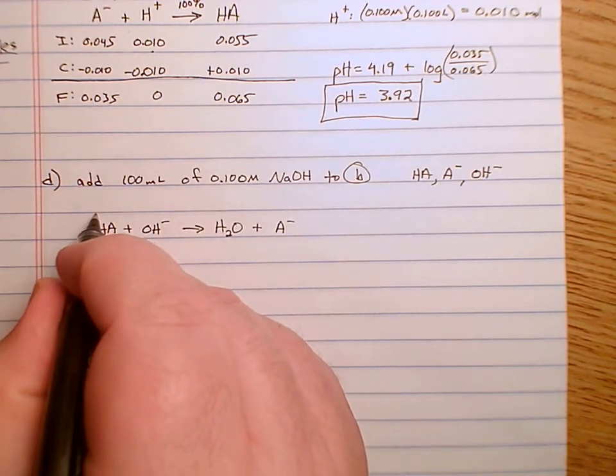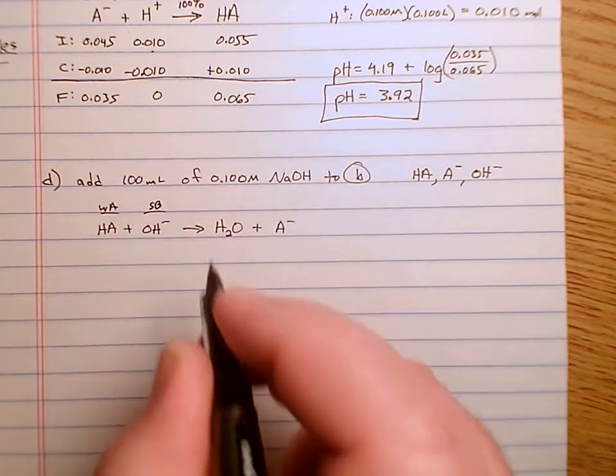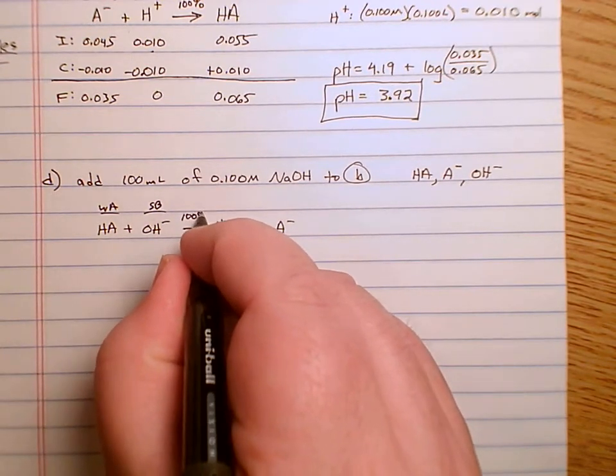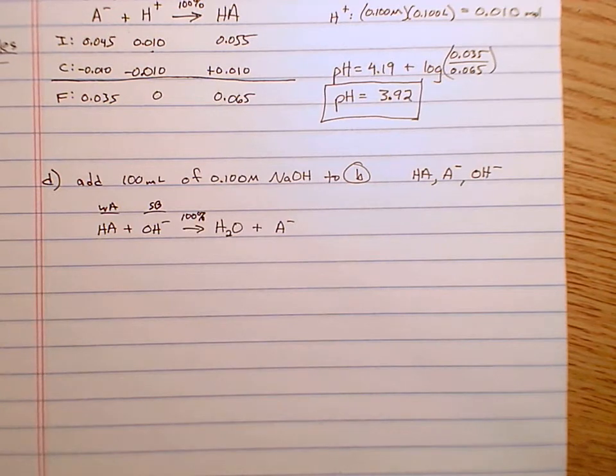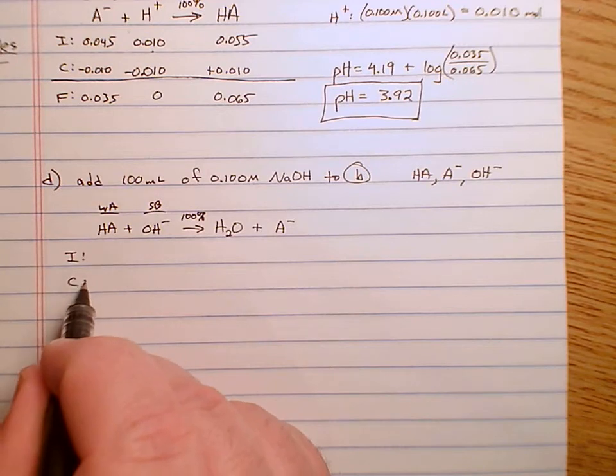Note, as we said before, this is a weak acid and a strong base, and weak acid, strong base reactions go 100%. So this is not equilibrium, therefore we need the ICF table here.